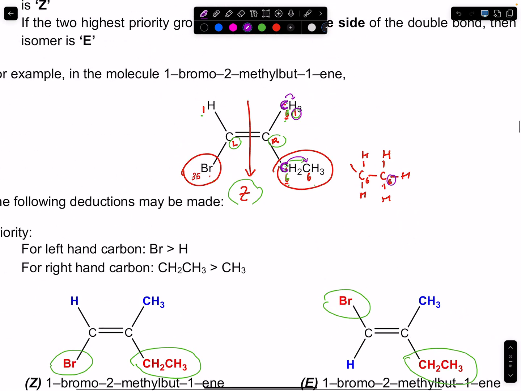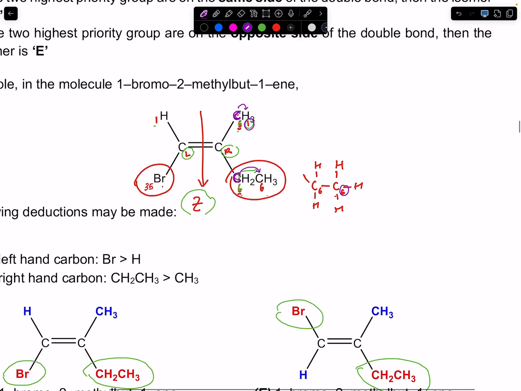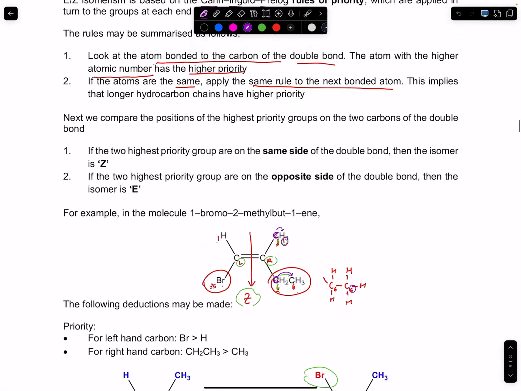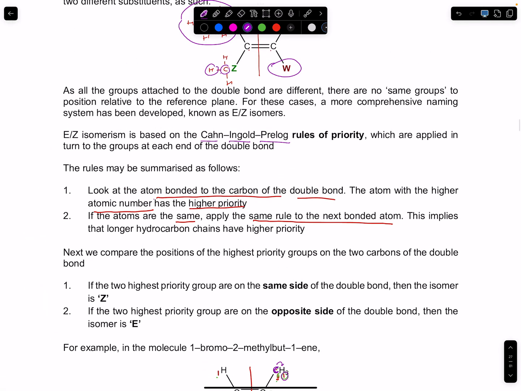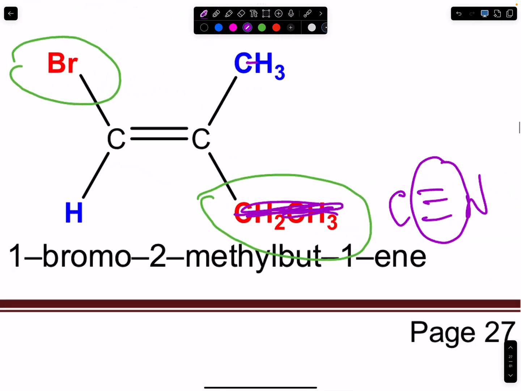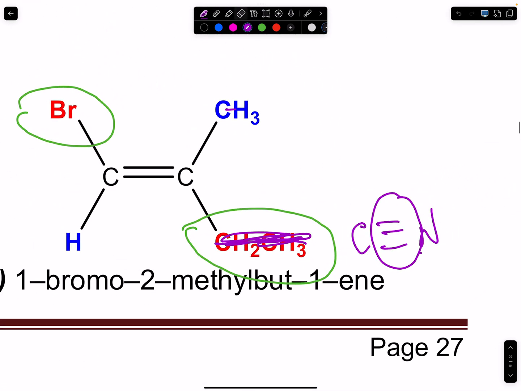Yes. What if instead of CH3 it was CN? Okay, so he asked what happens if one is CH3 and the other one is C triple bond N. A triple bond will always be ranked higher than a single bond. Understand? So if you go back up, when someone draws a triple bond like this, it translates to this, yeah?